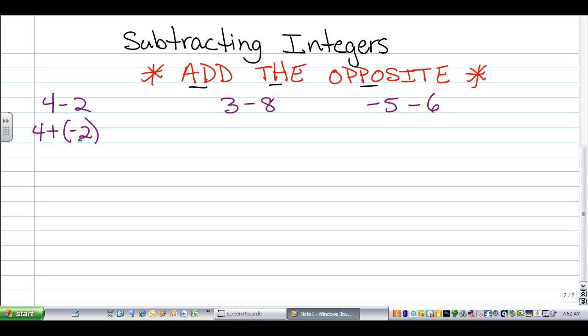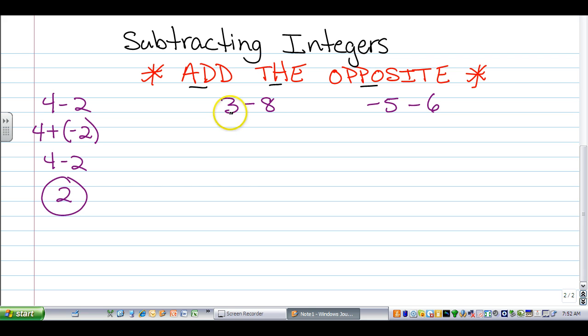Because remember the rules, when you have one of each, I've got a positive and a negative, what do you do? You subtract. So this would be 4 minus 2, and the answer is 2. And then we take the highest absolute value, which is 4, so the answer is 2. Now, do you have to do all of that when it's an easy one? No. But I'm just showing you that that's how it works.